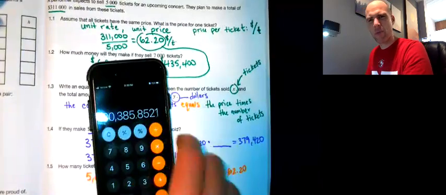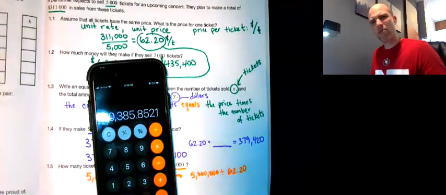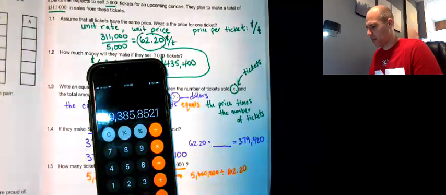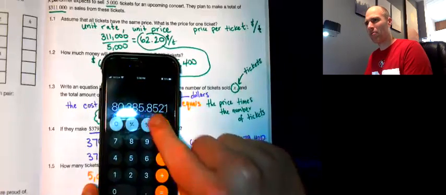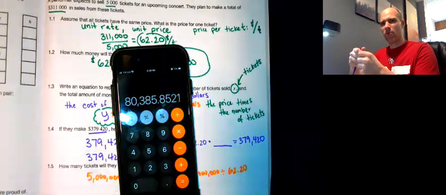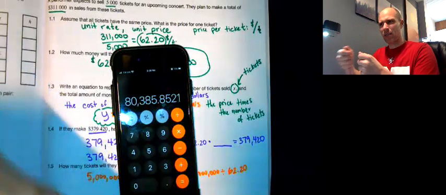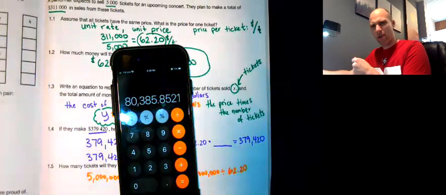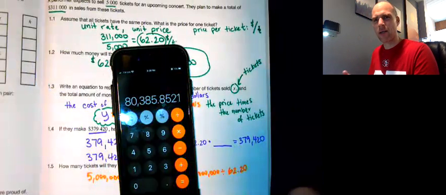That makes me wonder if I messed up. Like, it doesn't feel right to get a decimal answer when the question's about tickets. I can't sell 0.85 of a ticket, right? Like, how do you sell 80,385 tickets and the next person buys 0.8521 of a ticket? Like, that doesn't make sense.